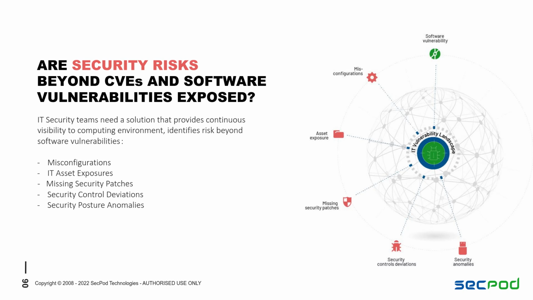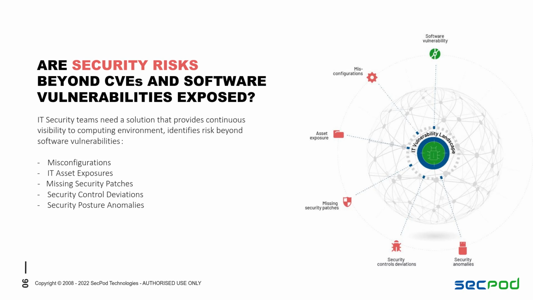Maybe a firewall is disabled, maybe you've enabled file system level encryption and that is not appropriately implemented, or maybe the anti-malware product that you have installed is not running properly. So all of these can be deviations in the security controls that you have already implemented. But there can also be other types of posture related anomalies within the environment.